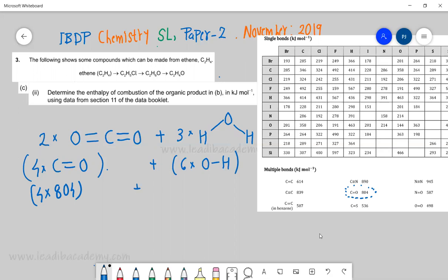And then O-H single bond, that is 463. So 6 into 463. Let's take out the calculator and do the calculation. So this will give us 5994 kilojoules per mole.